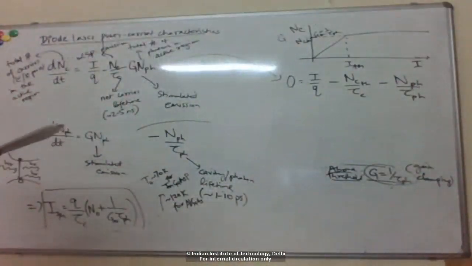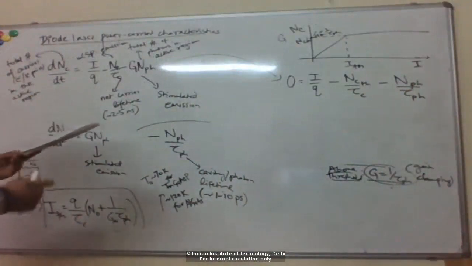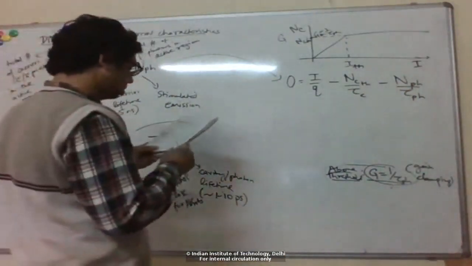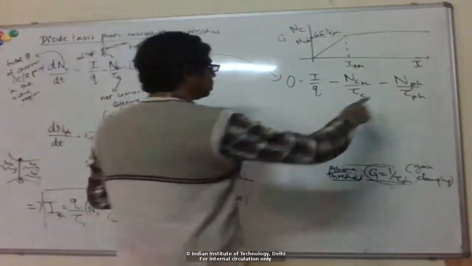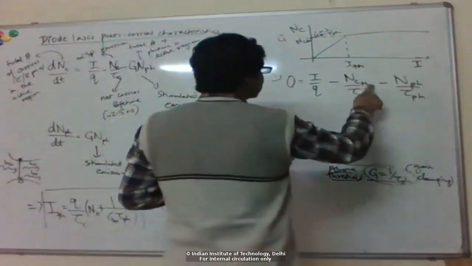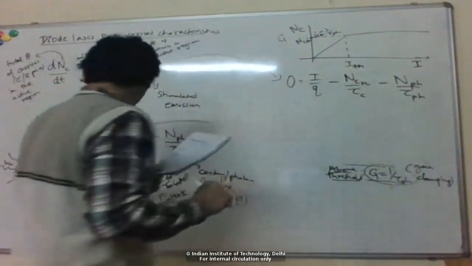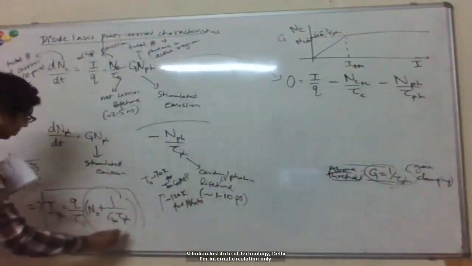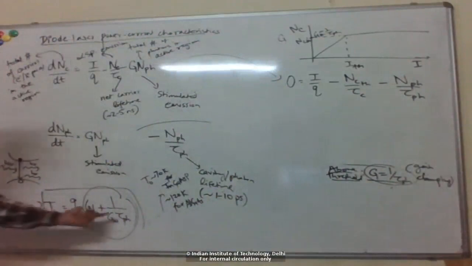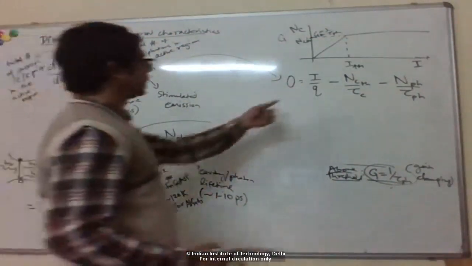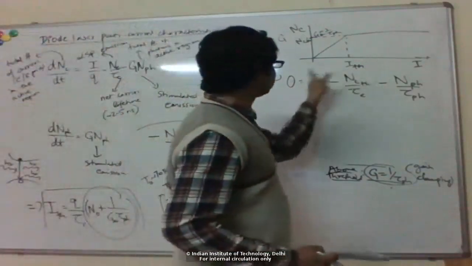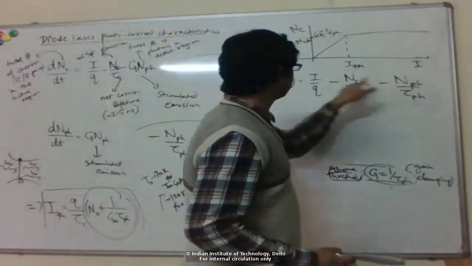NC threshold, remember, is a constant. It's this value. So you can see that this is an equation for the photon number in terms of the current.